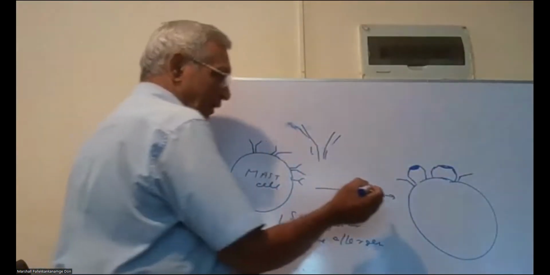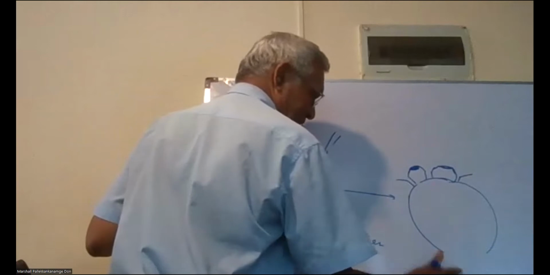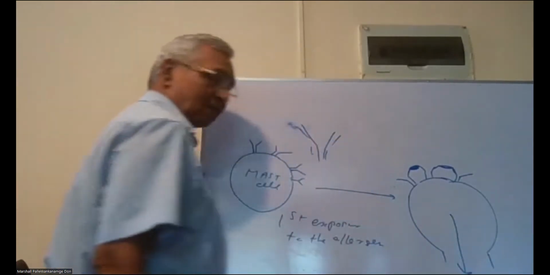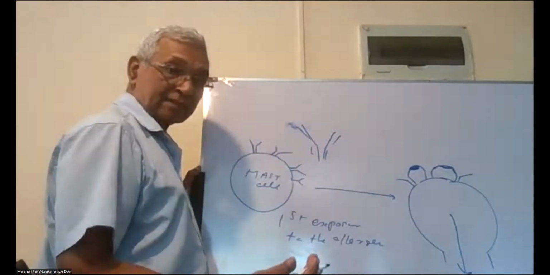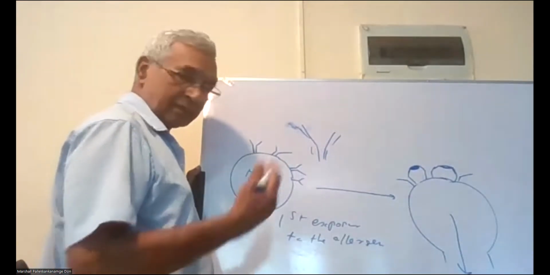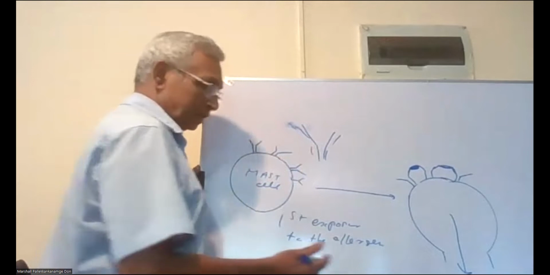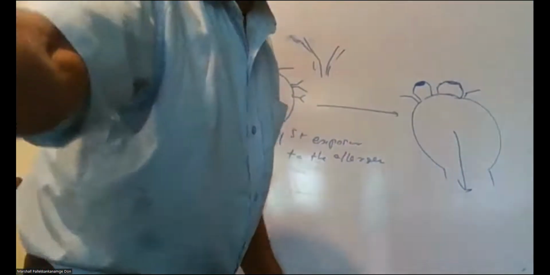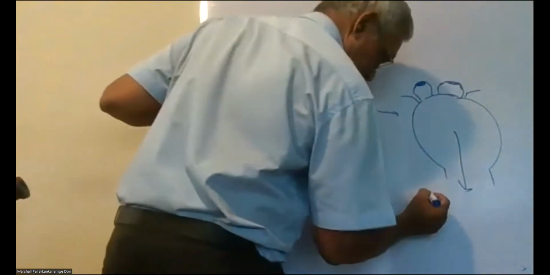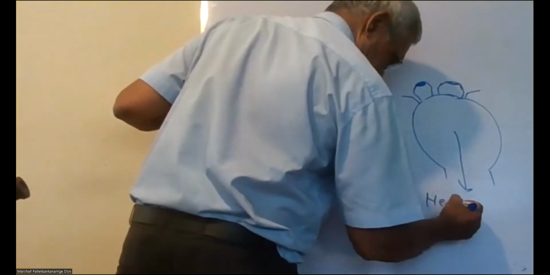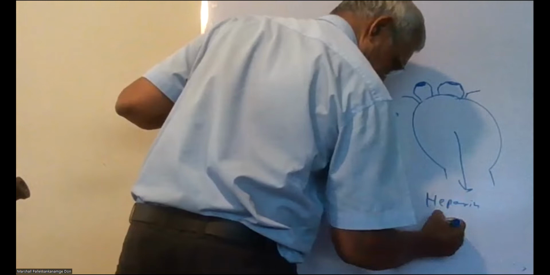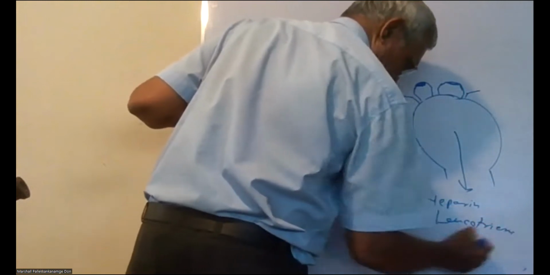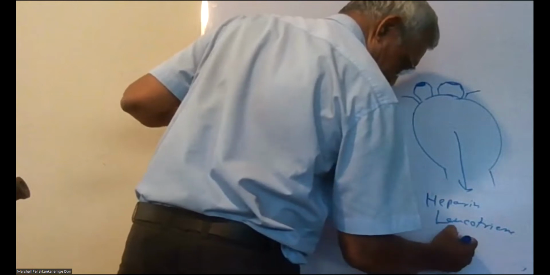Then what happens is this cell bursts and releases many chemicals. They are heparin, leukotriene, histamine.